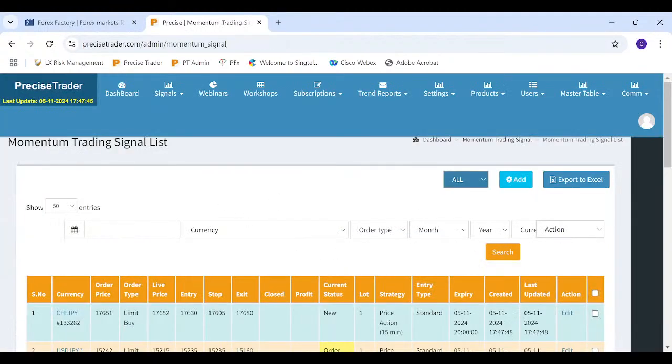Okay, now if you see the gold, let's say we get stopped out, I think it's approaching the stop. So let's see, we can do a re-entry on that.